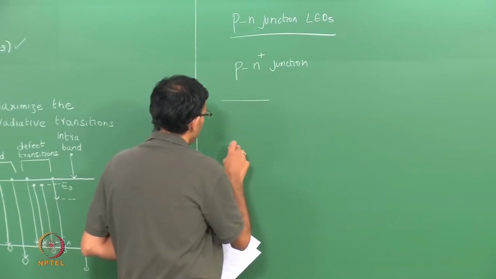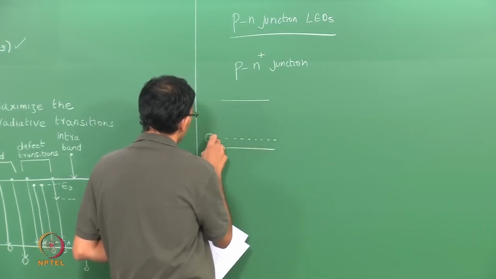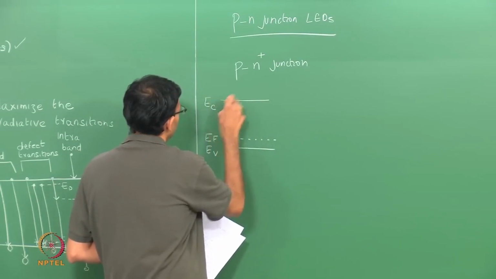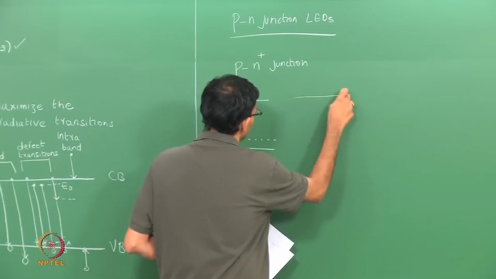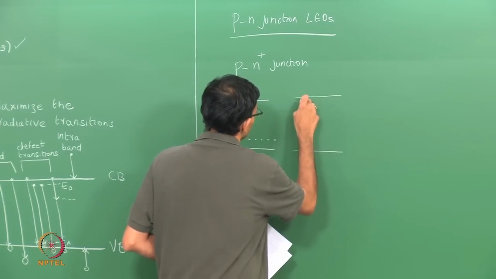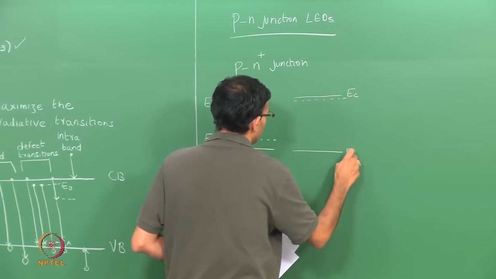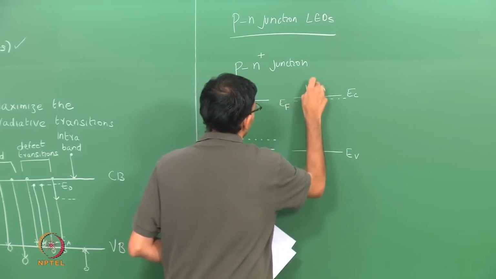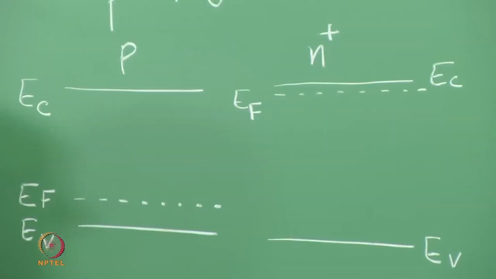So, I have my P side, EF, EV and EC. This is my P side and I have my N plus region. Both my P and the N are the same material, so the overall band gap is the same.